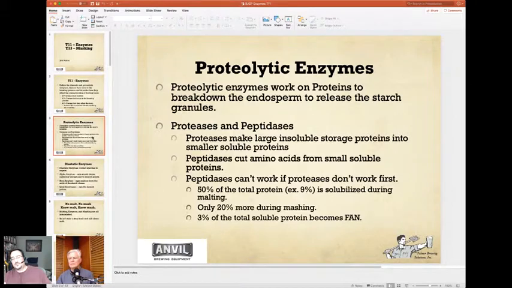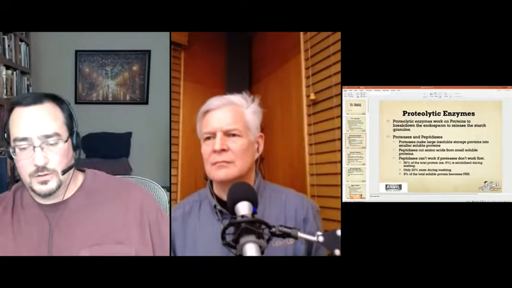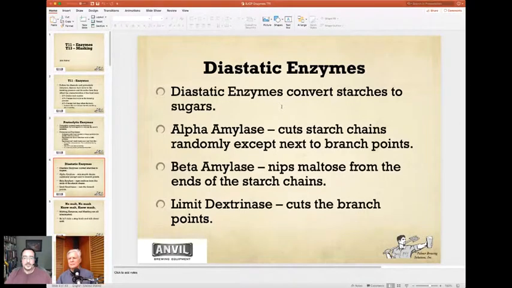So 50% of the total protein now, in barley, we're saying there's an average of about 9% protein by weight in the barley kernel. So 50% of that 9% will be solubilized during malting by these enzymes.